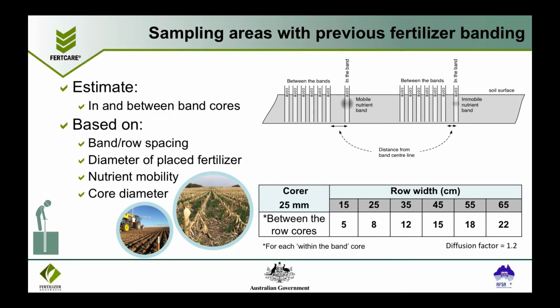And that's all based on the band and row spacing, the diameter of the placed fertilizer, how mobile the nutrient is, and the core diameter that you're using to collect some samples. There's an example table that I've provided you here, but I'd send you to the guide to get more information about your approach there and the calculations you need to make.